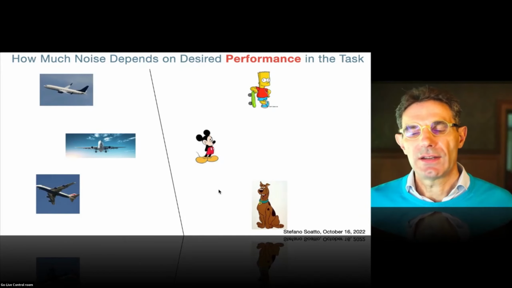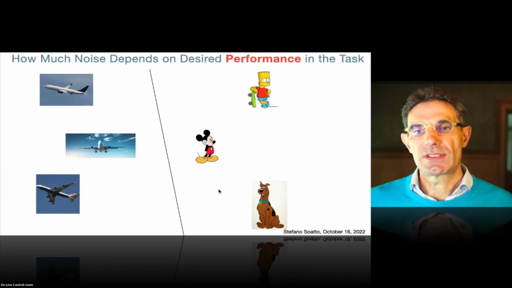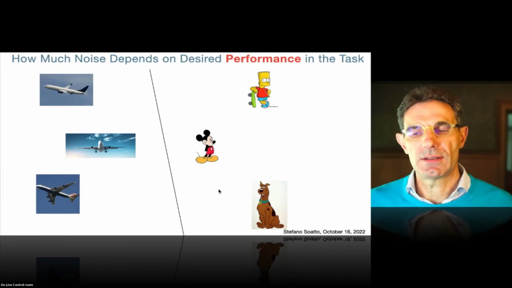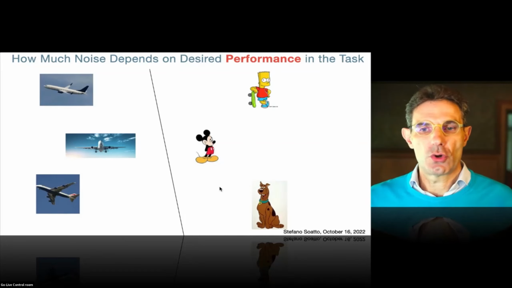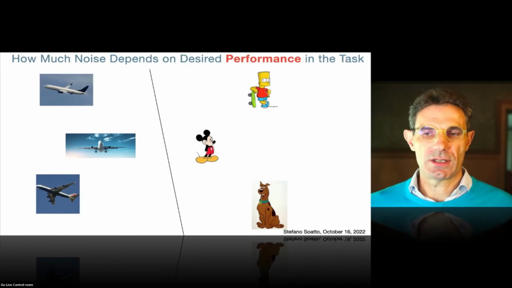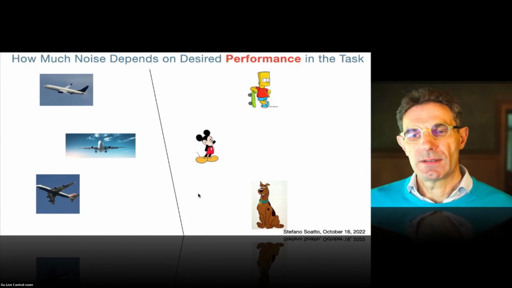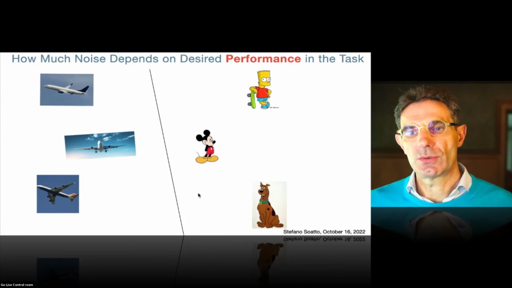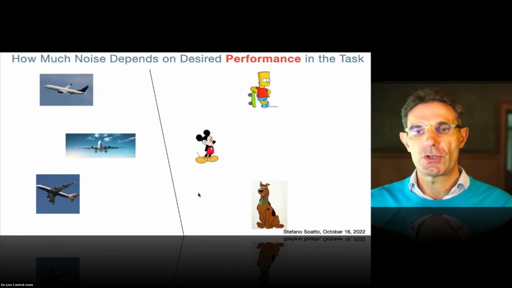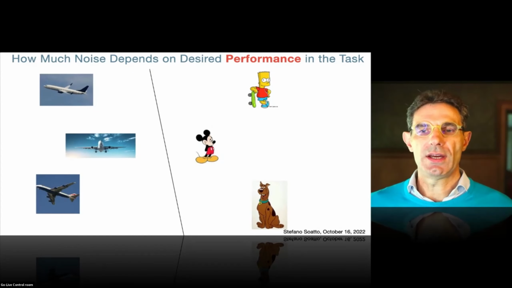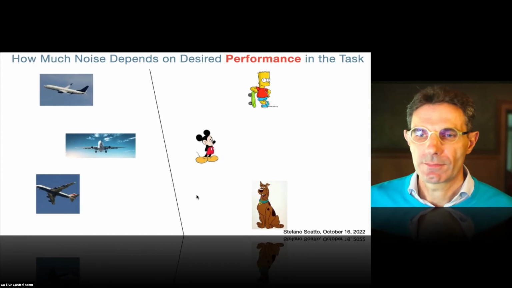And even if you're okay with 75%, let's say, you could just store a color histogram, and if there's a lot of blue, you say airplane, and otherwise you say cartoon character. And that representation is robust to noise. So even if you perturb the data a little bit, you still get 75% correct.